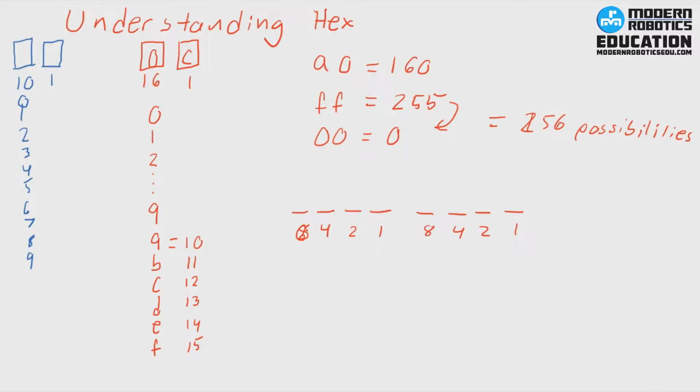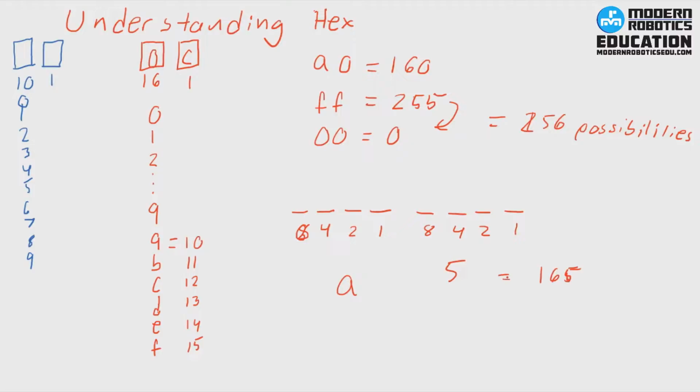Let's pick a funner one. We can do A5. A is 10, so A5 is 10 times 16, 160, plus 5, which is 165.